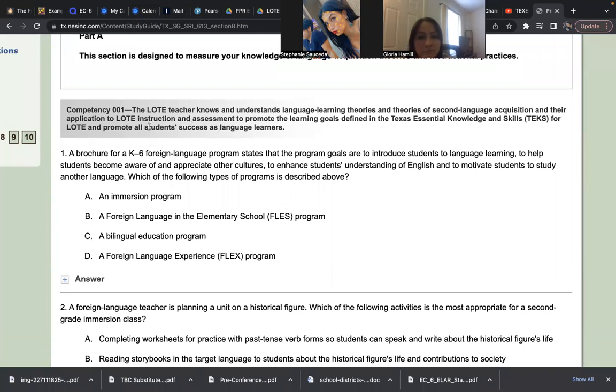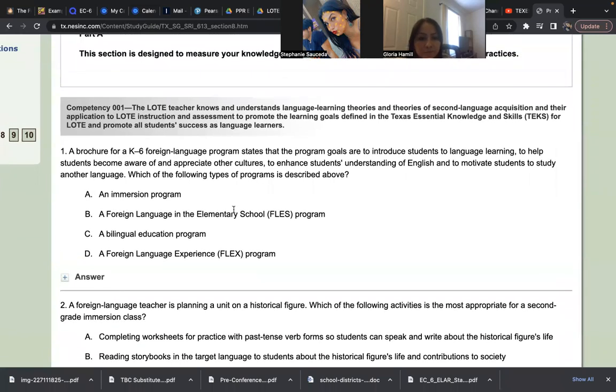So all students means whatever the skill level is, whatever their socioeconomic status, their disability, we're going to provide this effective second language instruction and assessment so that they can build.